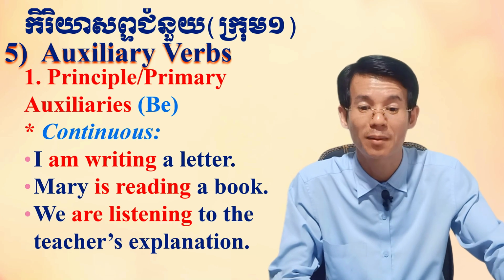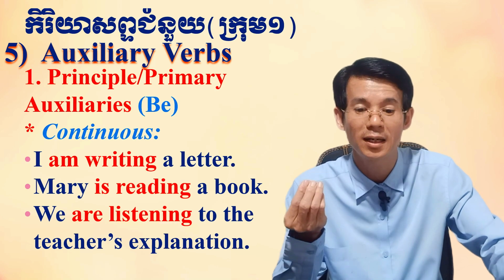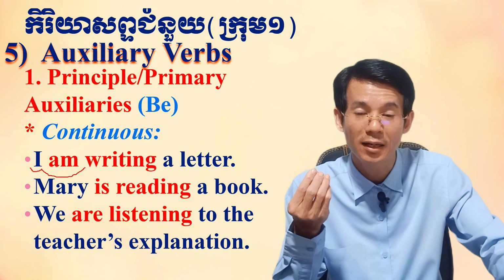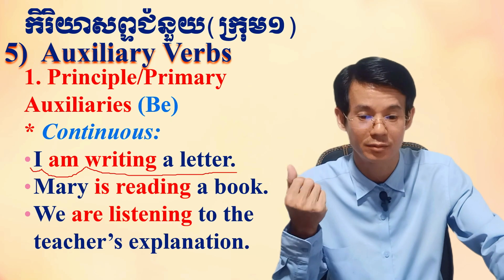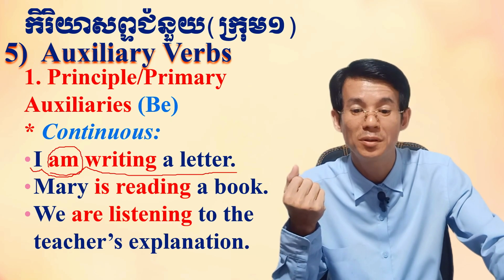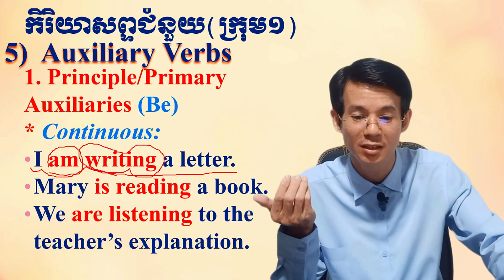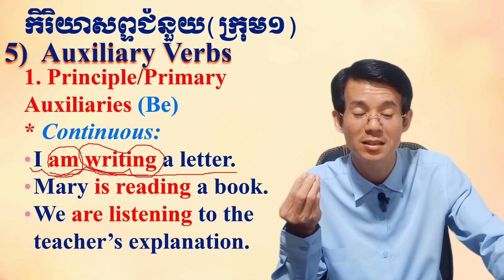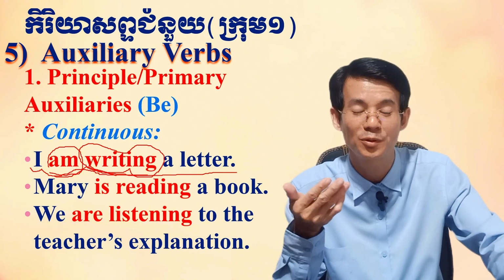This example shows how verb to be helps form continuous tense. I am writing a letter. Am is verb to be in present form, and write plus ing, verb ing together, am writing, is present continuous tense.